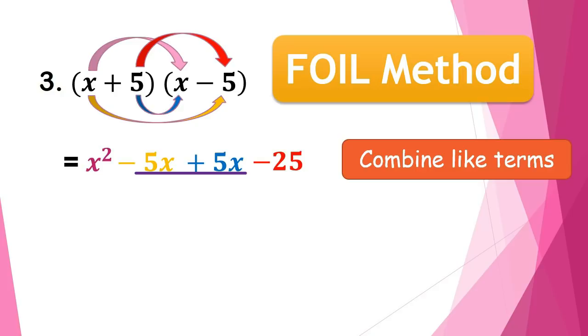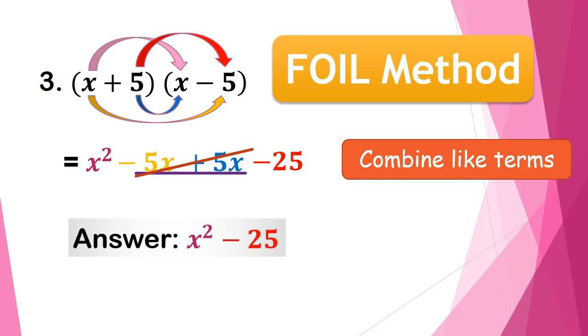Yun nga lang, one of the terms is negative and one is positive. Magkaparehas lang sila, yun nga lang magkaiba yung kanilang sign. So when we combine negative 5x plus 5x, we need to cancel it out. Why? Because it will become equal to 0. Kaya kailangan na natin siyang i-cancel out. Therefore, the product of the given example for number 3 is x squared minus 25.